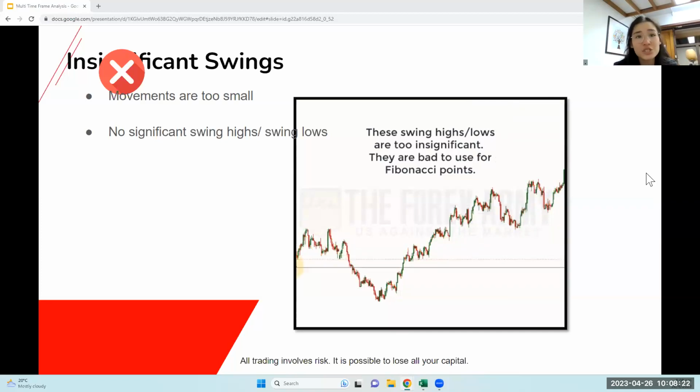So you can see over here in the GIF, these swing highs and lows are too insignificant, and they're bad to use for Fibonacci points, but they're also bad to use for significant swings, your support and resistance levels as well. So when you have this kind of market structure, then we would change between the time frames to see which time frame gives us a clearer price structure.